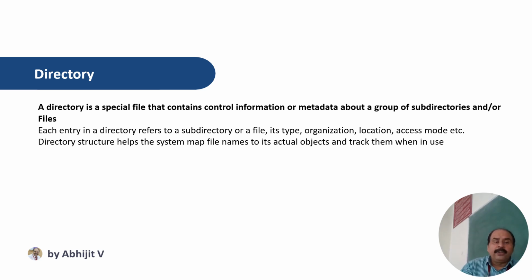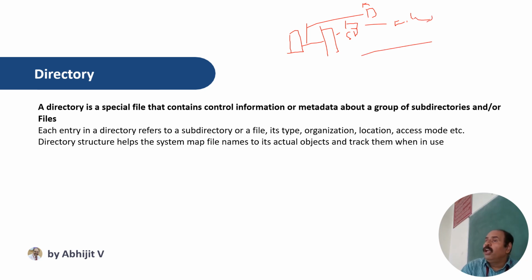So there is a directory. A directory consists of directories or files. This can be a file, this can be subdirectories, and the subdirectories can contain further subdirectories or files.